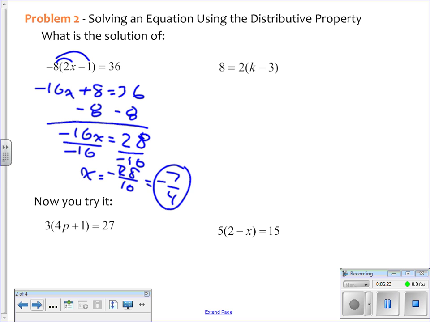That's my answer, negative 7/4. I'll try not to do them to you like that so much, but it does reduce. 28 over 16, 7 over 4. They're both divisible by 4.